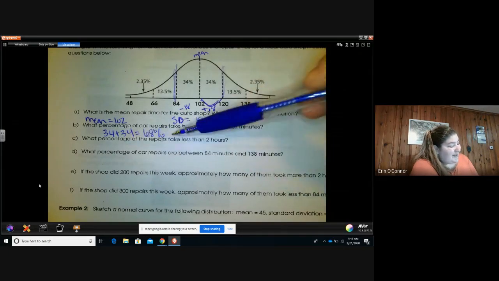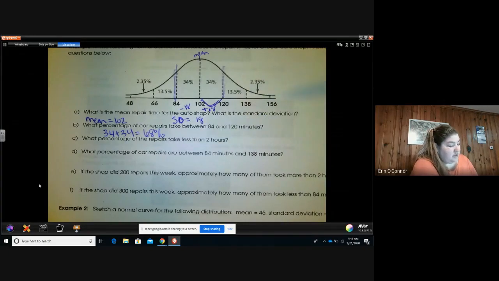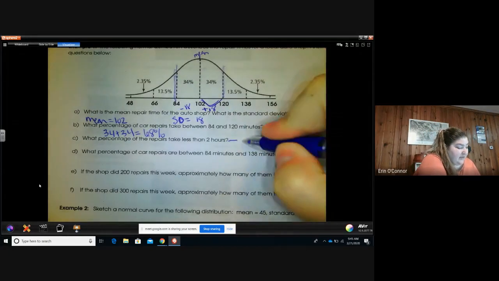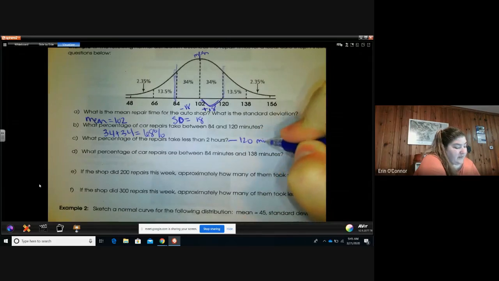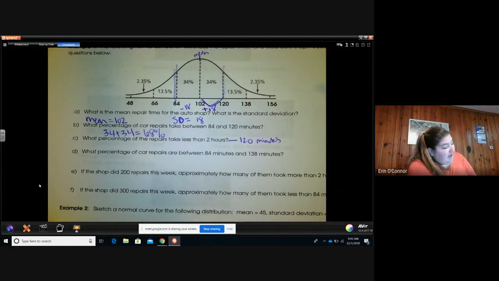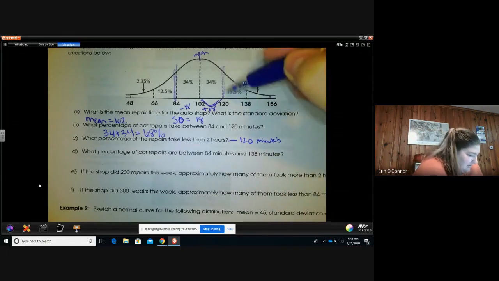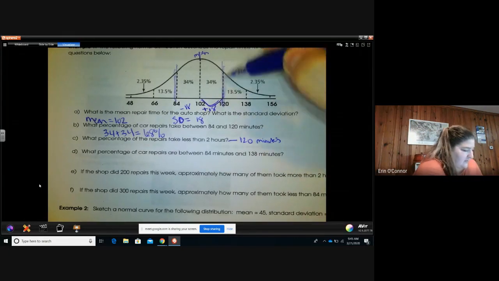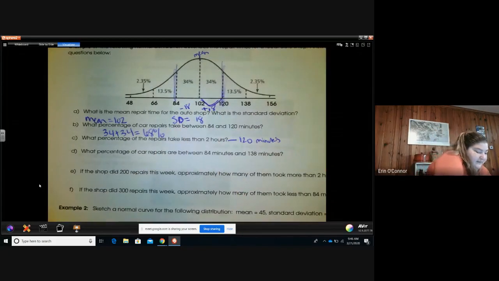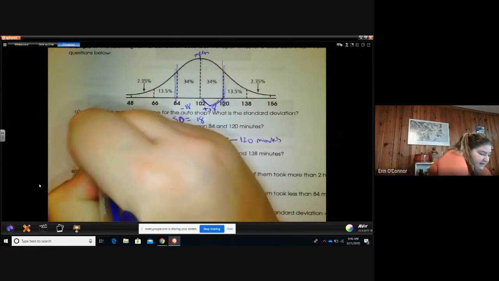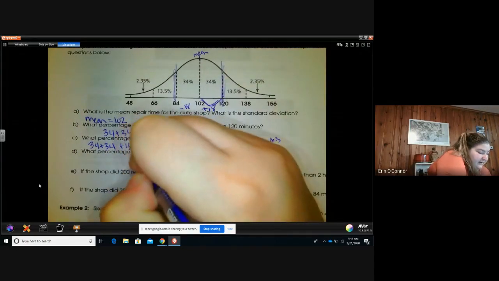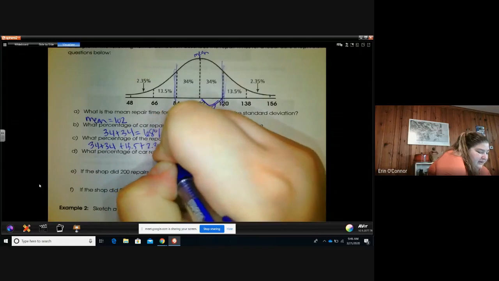What percentage of the repairs take less than 2 hours? Well, this is all in minutes, so let's first convert 2 hours to minutes, and we get 120 minutes. Now that we have that, which take less than 2 hours? So this is our 2-hour mark, 120 minutes, and I need to add up all the percentages that are less than that. So it's 34 plus 34 plus 13.5 plus 2.35.